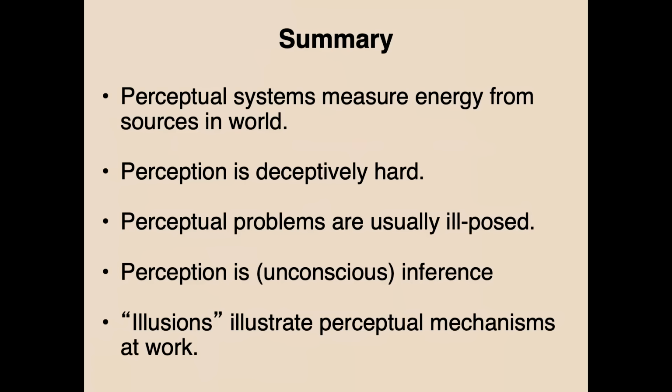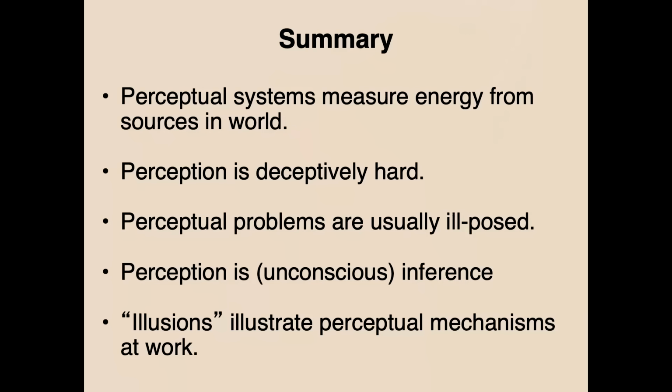All right, so just to summarize what we talked about. We talked about how perceptual systems measure energy from different sources in the world and then try to infer what caused that in the world. We talked about how perception is deceptively hard. So you've got these sensory organs that measure energy, but then the rest of your brain is there to take that information and figure out what caused it in the world.